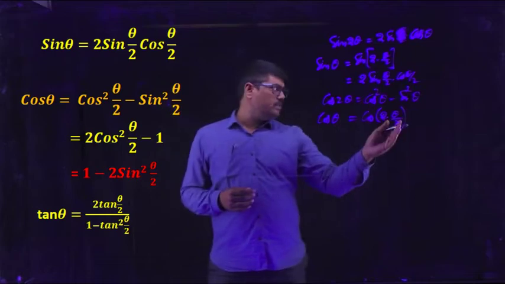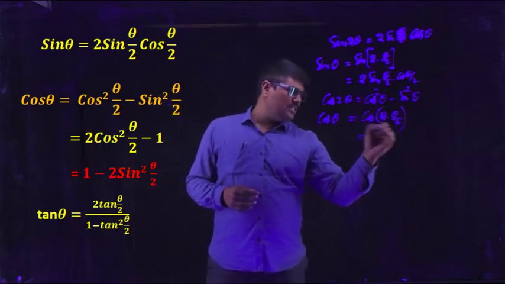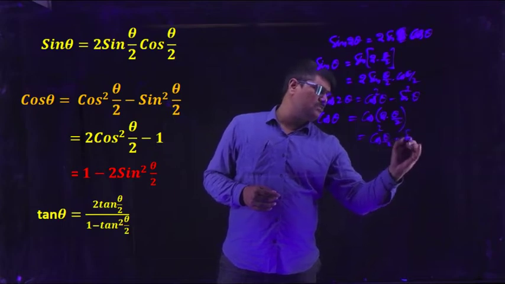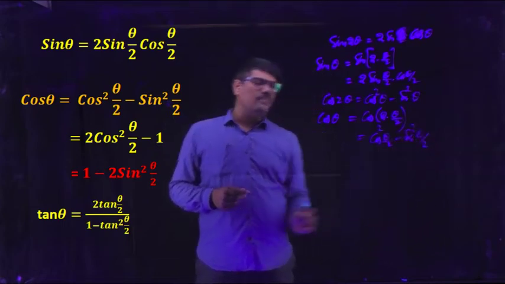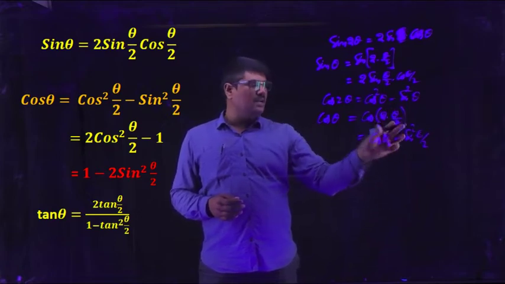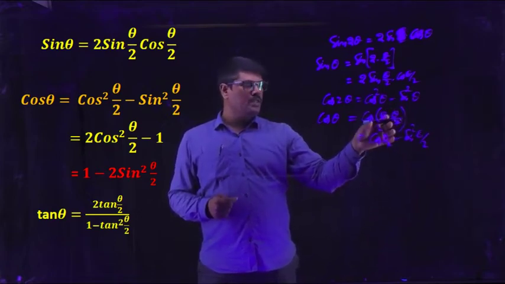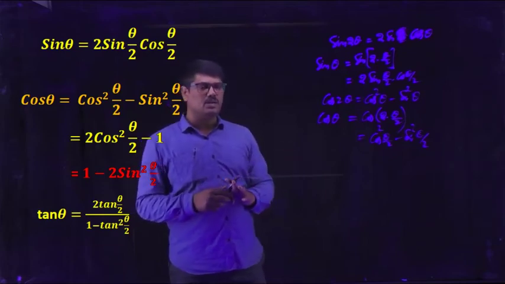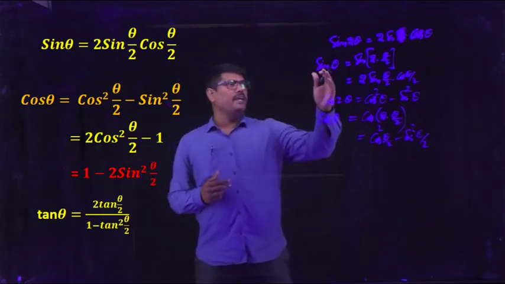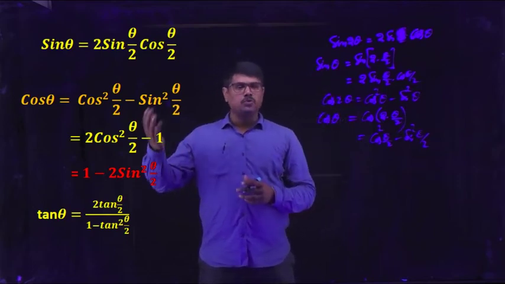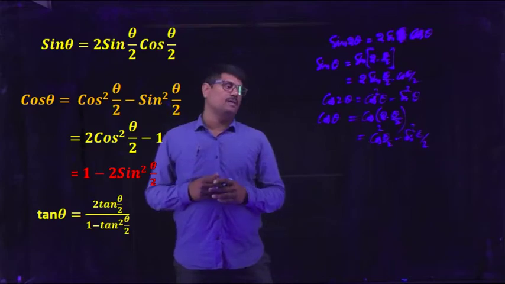So now it seems to be cos 2 theta, and by using the formula of cos 2 theta, reading theta by 2 as theta, it will become cos square theta by 2 minus sin square theta by 2. So we find sin theta and cos theta by using the sin 2 theta and cos 2 theta formats.